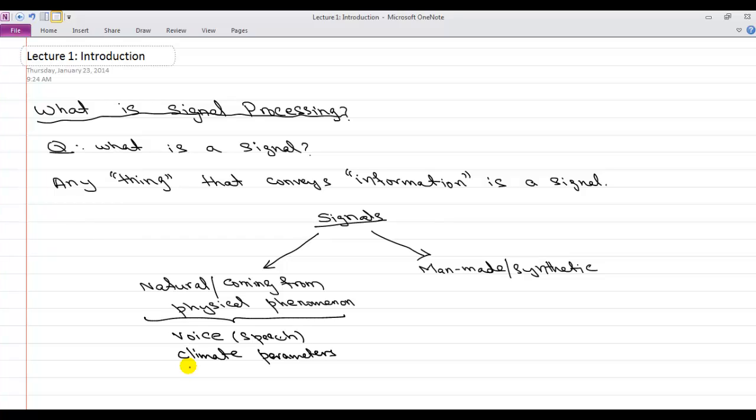Right? So the visual scene, 2D image, or if I'm looking at it in 3D, visual scenes are signals. You can have seismic activity in a region. You can measure that, vibration in the earth, that's a physical signal. In terms of man-made or synthetic, let's talk about examples in that case.